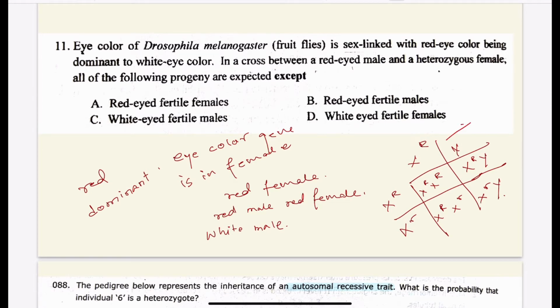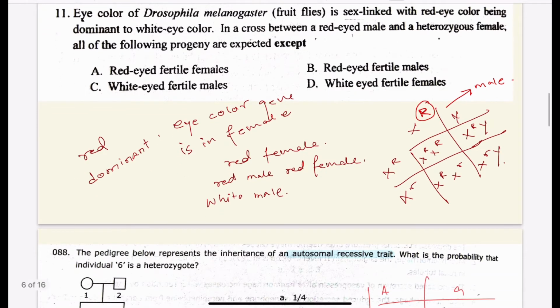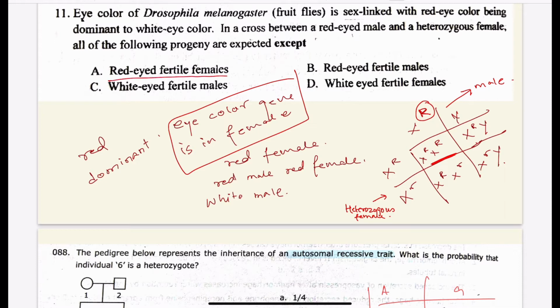If we take the gene R for red eyes, we will write X^R Y here. Since the eye color gene is present on the X chromosome, a heterozygous female has the genotype X^R X^r. So we'll just cross it and we'll get X^R X^R, which will be a red-eyed female. So red-eyed fertile female, and that is A.